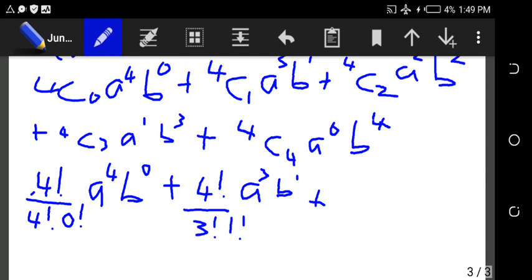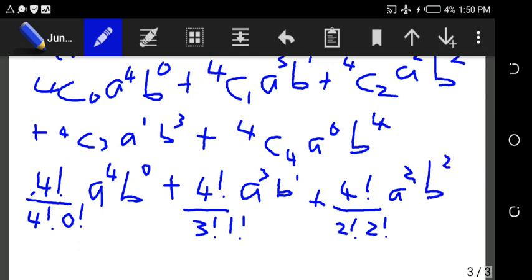The next one, we have for combination 2. How do we simplify this? That will still give us 4 factorial following our formula, that is n factorial, 4 factorial over n minus r, that's 4 minus 2, will give us 2 factorial. Then we have r factorial, which is still 2 factorial. In this case, of course, a raised to power 2 and b raised to power 2.